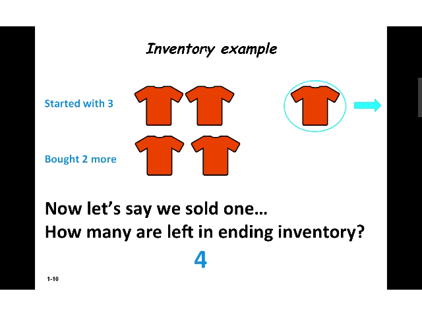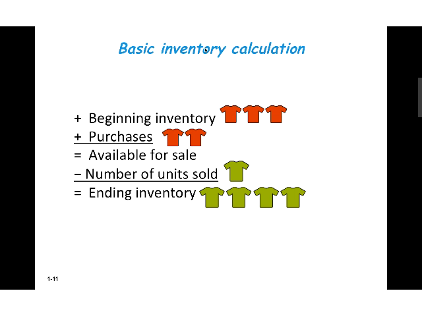Okay, so now next one. So this basic inventory calculation, we've got 2 basic sets of formulas for this chapter. This is one. The basic inventory calculation is beginning inventory plus purchases gives us our available for sale, the number of units.